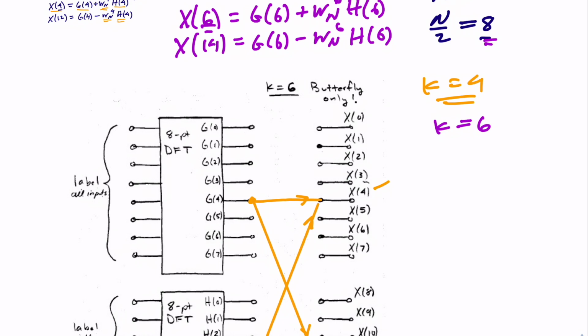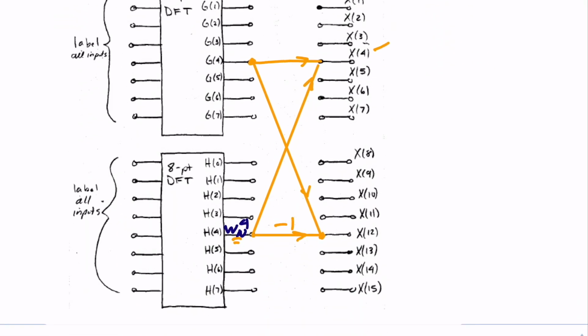You get x of 6 and x of 14. Coming from x6, I need g of 6, so that comes here. Then I also need Wn6 times h of 6, so that would be tapped off here.